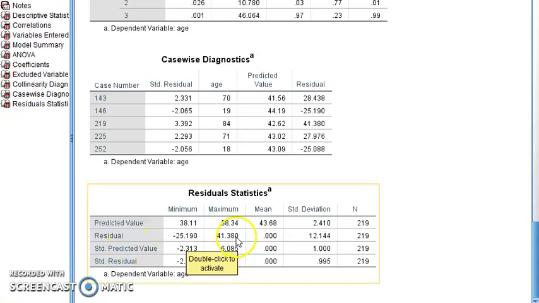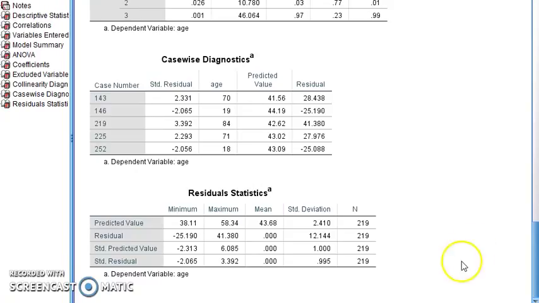So with very high residuals and very high standard residuals, meaning plus or minus 2 standard residuals, that's again telling us that height and weight are really not too good independent variables to help us predict age.